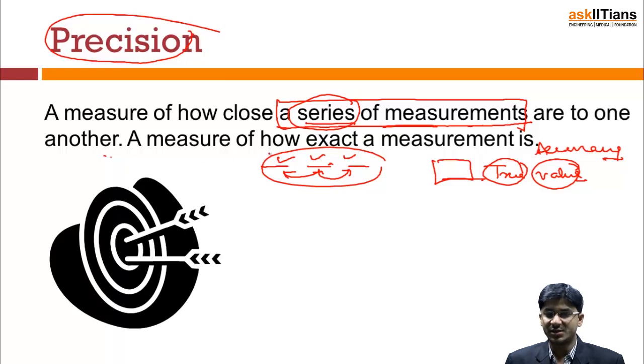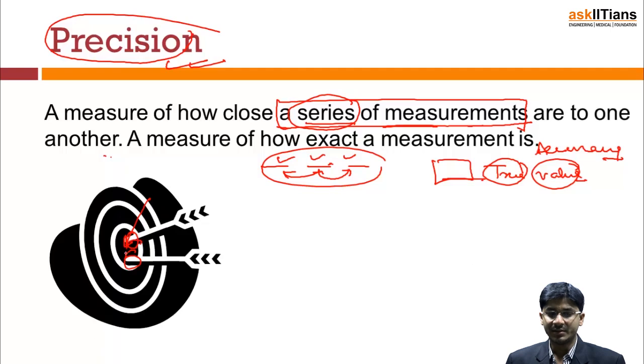Now, precision means consistent measurements, that you are measuring the values consistently, doesn't matter how close you are to the true value. So, suppose someone hits the bullseye with an arrow. Suppose someone else again hits, but he is not hitting the bullseye.